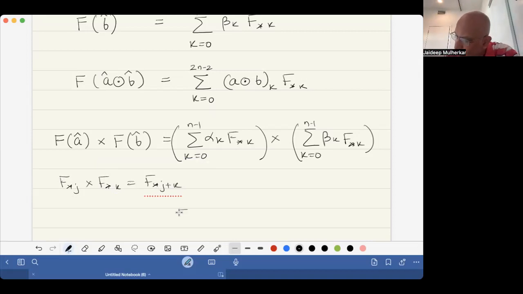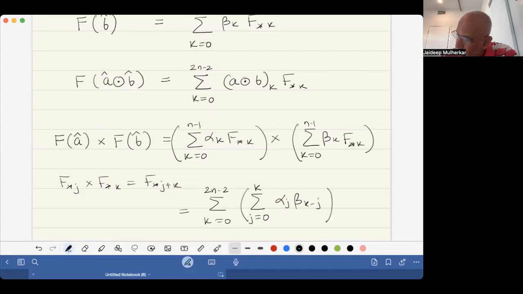So you get the summation k equal to 0 to 2n minus 2, then the summation j equal to 0 to k, right? Then, of course, it will be alpha j times beta k minus j.